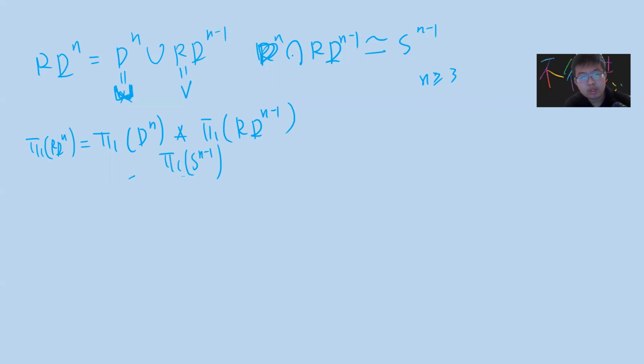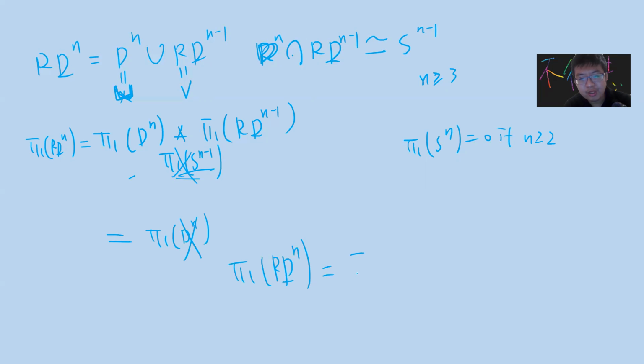So now this pi 1 of Sn minus 1 will not give you anything, because pi 1 of Sn is 0 if n greater or equal to 2. So you get this guy 0. So you get pi 1 of Dn, which is still trivial. So your final result will be pi 1 RPn is actually the same as pi 1 RPn minus 1, for n greater or equal to 3, which is exactly Z2, because I go back to the 2.